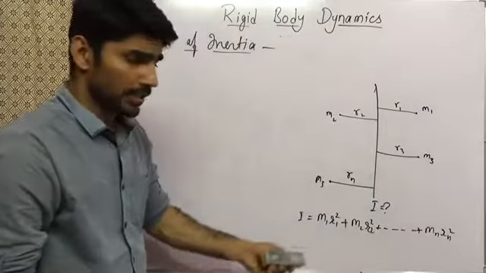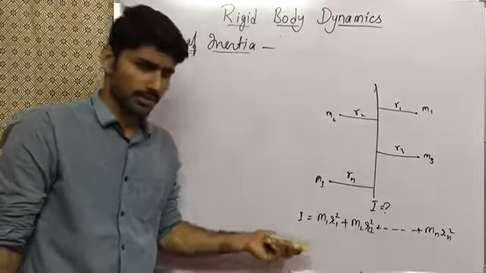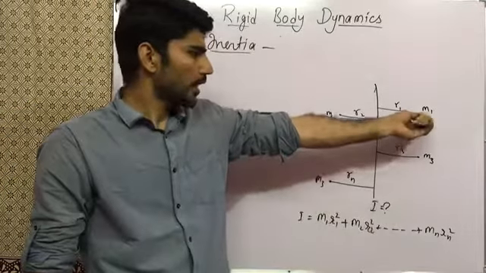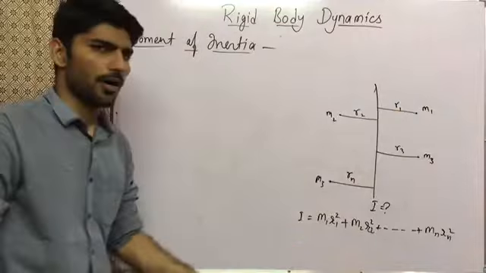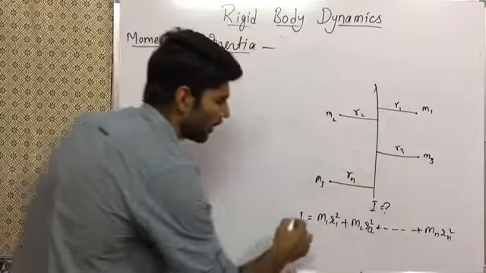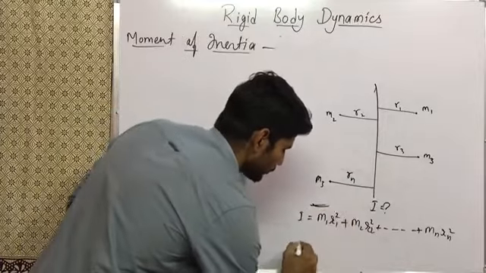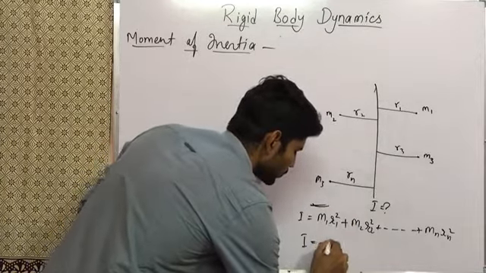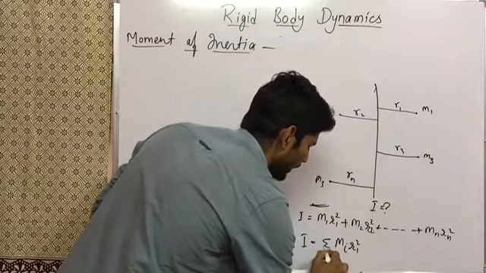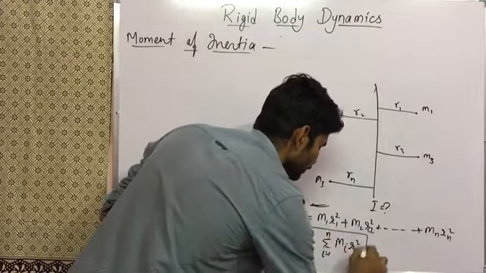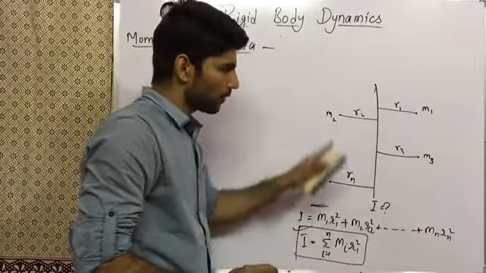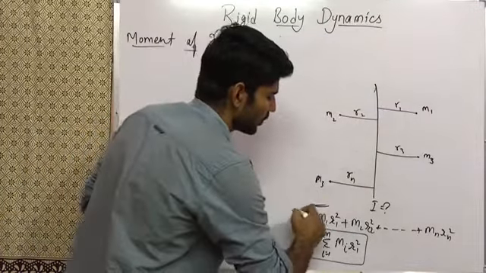So the moment of inertia of a system of particles is the sum of the moments of inertia of all the individual particles about the given axis. We can write this formula in short form as I equals summation mi ri square, i from 1 to n. But for the derivation we use this formula.